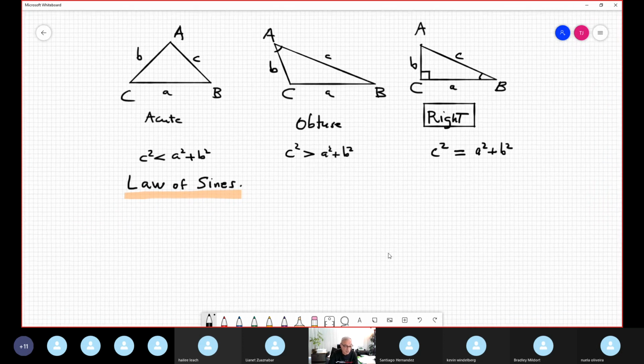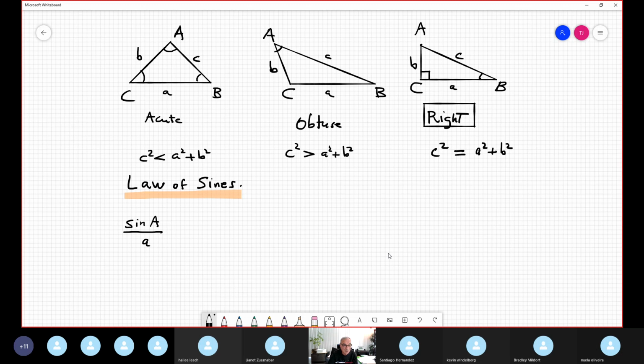So what is the idea behind the law of sine? We have triangle A, B, and C. The law of sine says: sine of angle A divided by side A, the opposite. What is the opposite of the angle capital A?